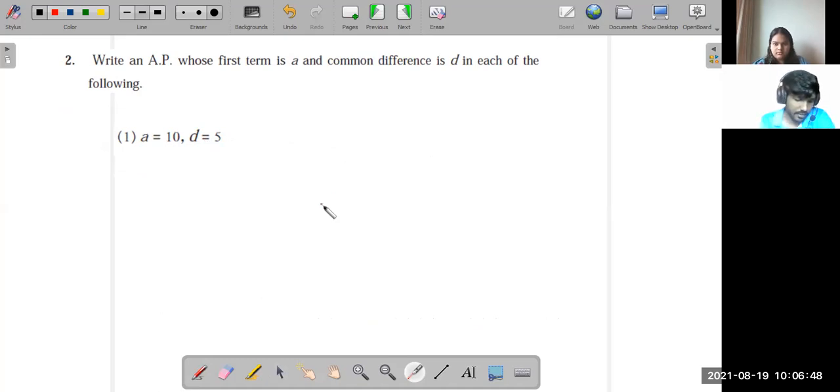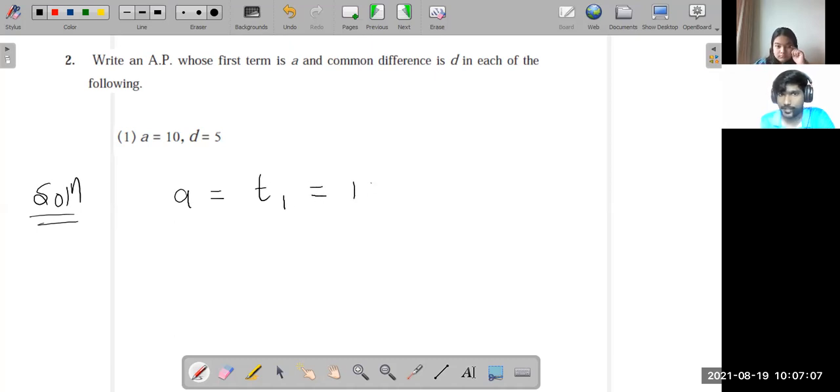Correct. So at least 4 to 5 terms you have to find and keep. So first term is A, then 15. Correct what you said, but now how to write it? So A, also known as the first term T1, is given as 10. Then you find the second term, that is T2.